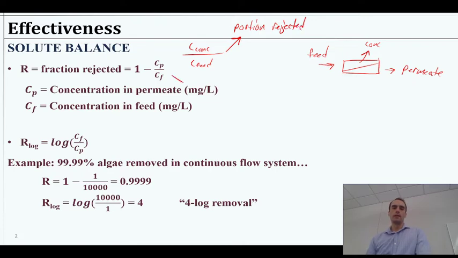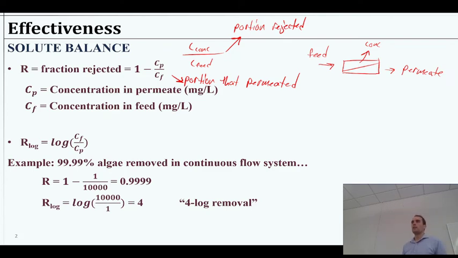And this is the portion that went through, that permeated. Okay, so I'm giving you this equation on your sheet. I just want you to know what it's talking about and where it's coming from on a practical standpoint. Again, the C here is the concentration in one or the other streams.